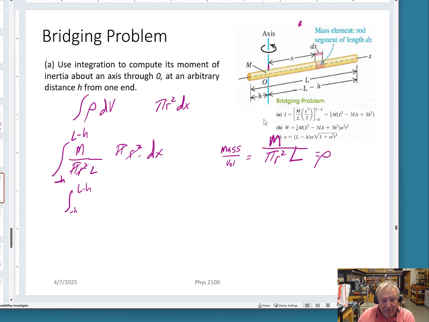Right, because r is a constant, we're allowed to do that. Well, we could have done it anyway, but we just might have had to integrate M over L. Nice. And something doesn't seem right. Let's see what I got here.